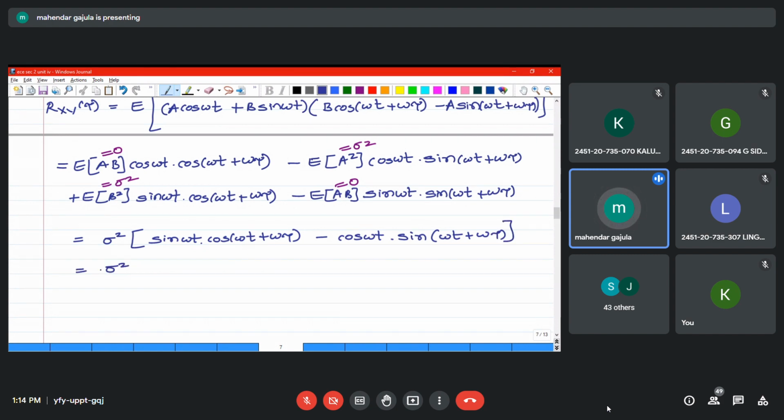This is sin A cos B minus cos A sin B, which is sin A minus B. So omega t gets cancelled, and sin of minus theta is minus sin theta, so let us write minus outside. It is minus sigma square sin omega tau. So the cross correlation function is a function of tau only and independent of time.